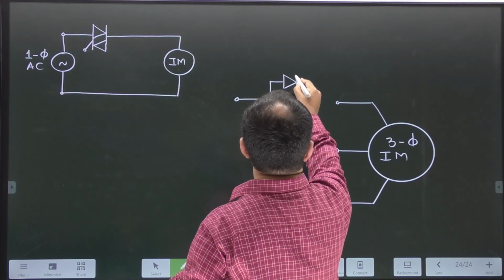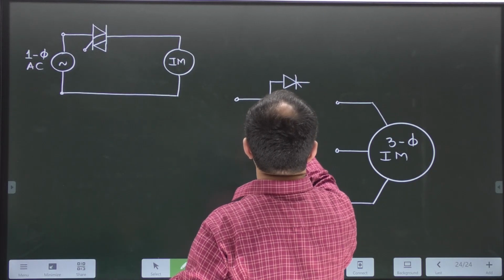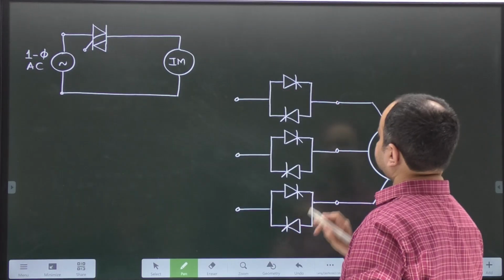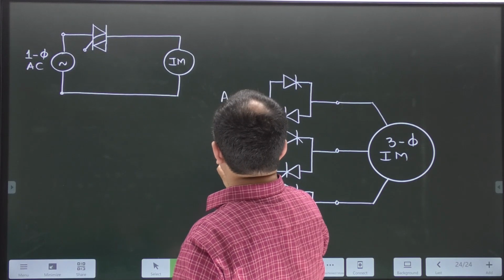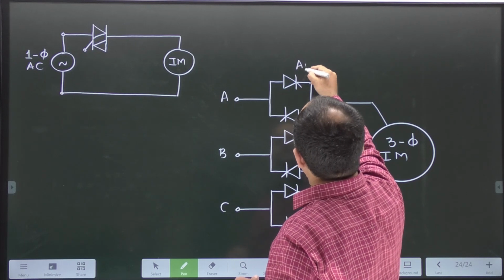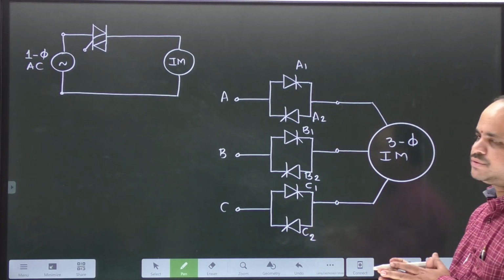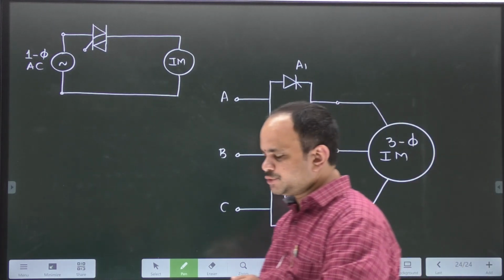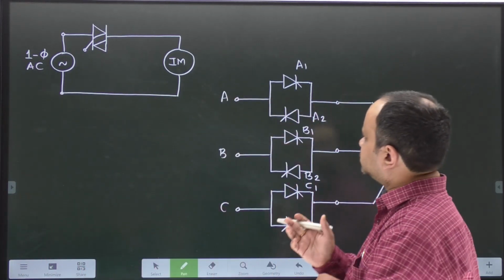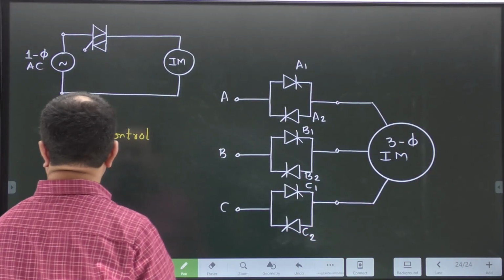In each phase, you can use one AC voltage regulator, three-phase system A, B, C, two thyristors in anti-parallel connection. So these types of circuits will be used to control the speed of induction motor in the voltage control method. So you can say that this is the voltage control method.